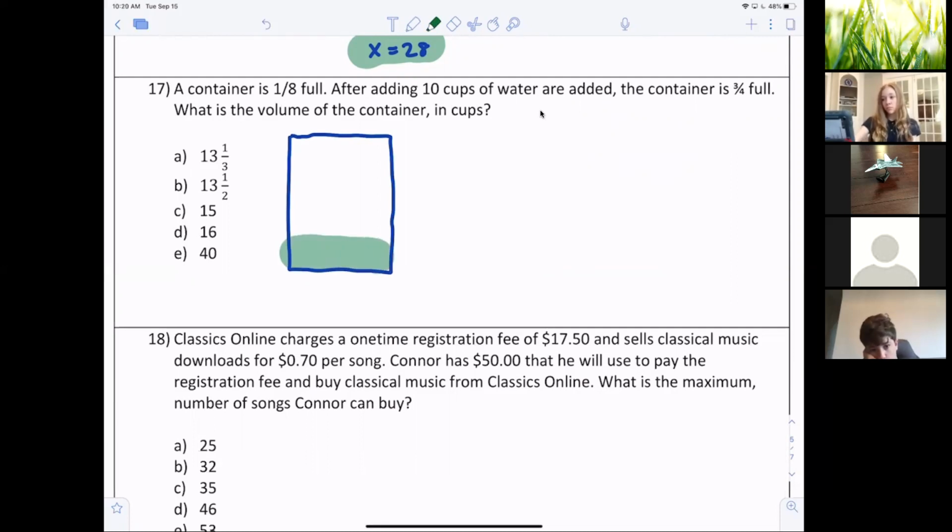So if it's full, how much is in there? Who can tell me? Do we have any idea how much is in there? Don't know. We don't know. So if we don't know, how much is in there? X. Right? There are X cups in there. Does anybody agree with that?